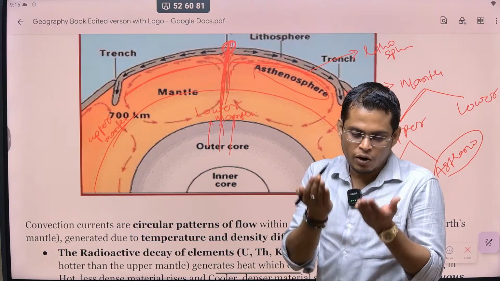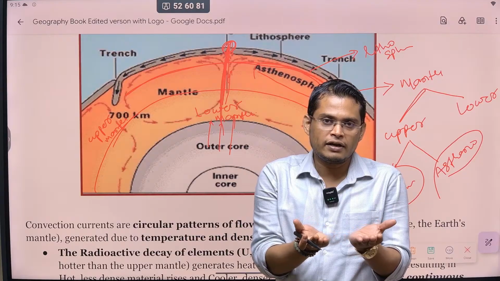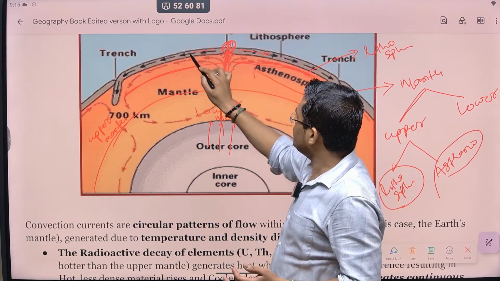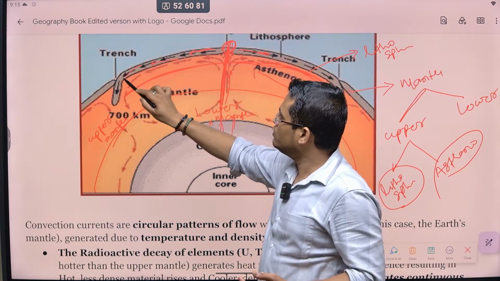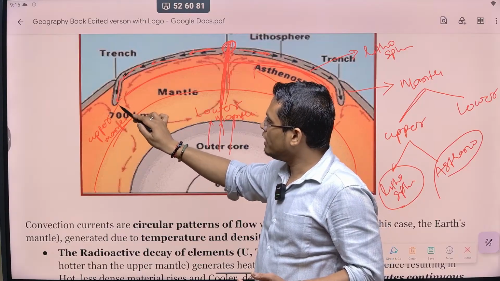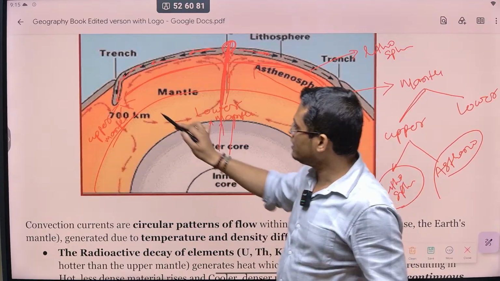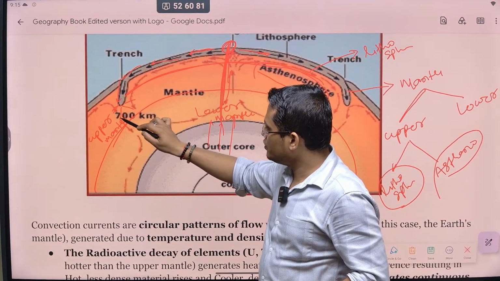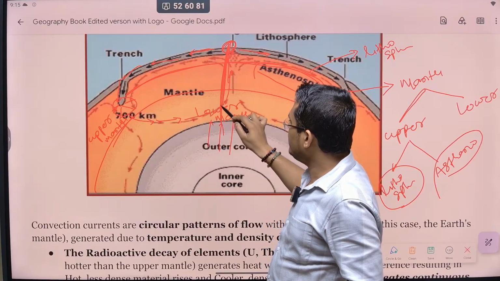When something comes out between these two, what will it do? It will try to spread both of them. Same thing happens: this pushes this continent in this direction and this direction. They will move downward here. Once they are moving downward, as you move inside the earth there will be high temperature, and because of that this lithospheric plate will be melted down, converted into liquid, and again it will flow in this way.